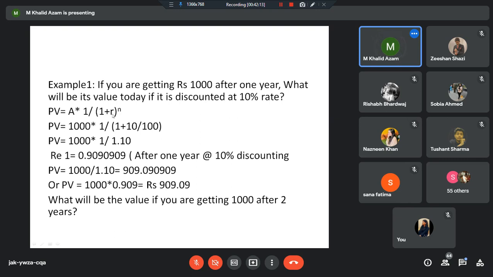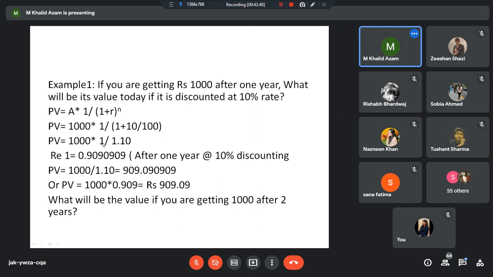1 plus r, that is 10%. So 1 plus r to the power n, so 1 divided by (1 plus r) to the power n. This is 10%, that is 0.1. So 1 plus 0.1, that is 1.10. So 1 divided by 1.10. Then that will have to be multiplied by 1,000 because you are interested in calculating the value of 1,000 rupees.